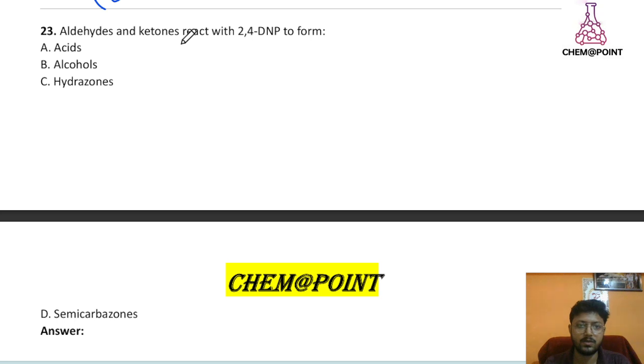Then aldehyde and ketone react with 2,4-DNP to form hydrazone. The reactant is 2,4-dinitrophenylhydrazine. Got my point?